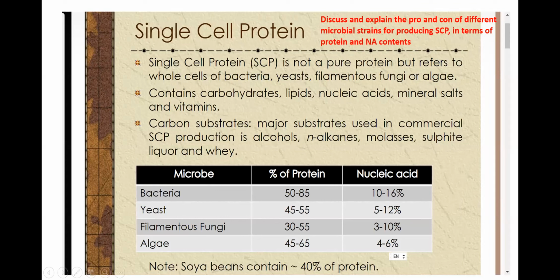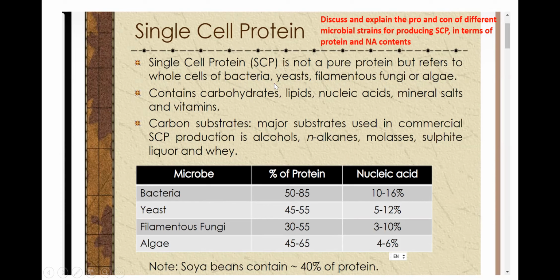So at a glance, when we talk about single cell protein, it is not referring to a pure protein. Generally, it refers to the whole cell of the four major microbes that I mentioned just now: bacteria, yeast, filamentous fungi, or algae.